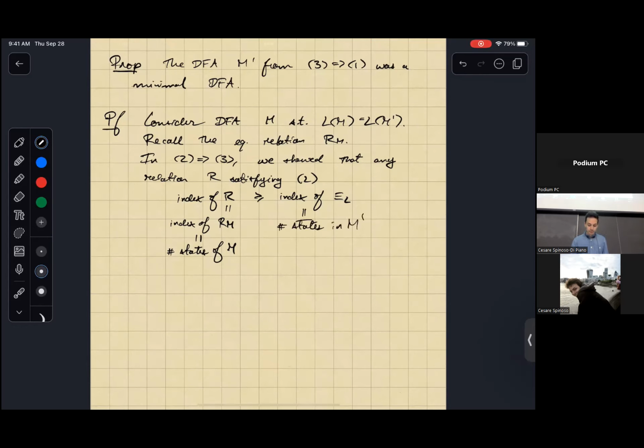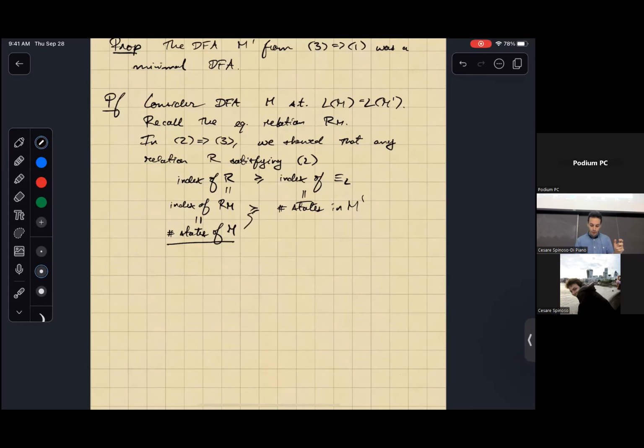Well, this inequality still holds, and so I have that the number of states of M is, no, greater than or equal to the number of states of M prime. Right? And so by definition, M prime is a minimal DFA.